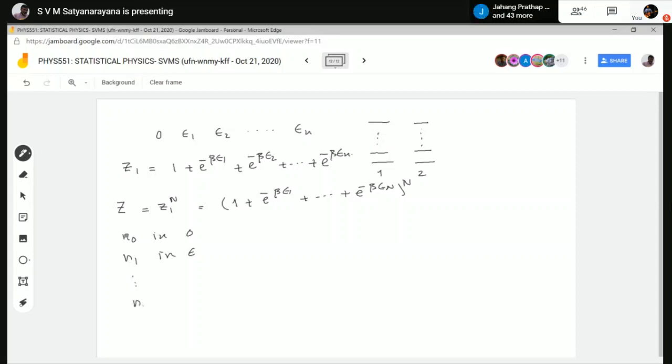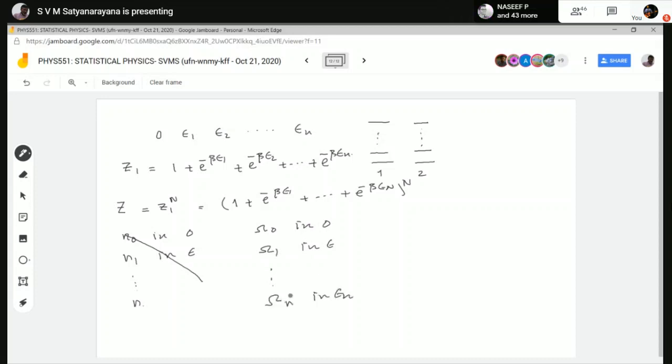Okay, maybe I should have written some other index. Let us take omega 0 particles in 0, omega 1 particles in epsilon, and omega n in epsilon n.